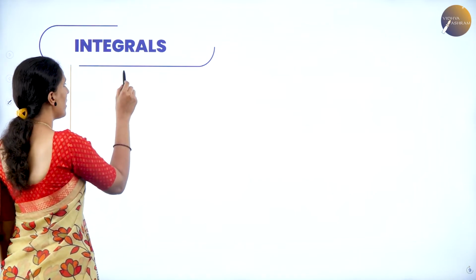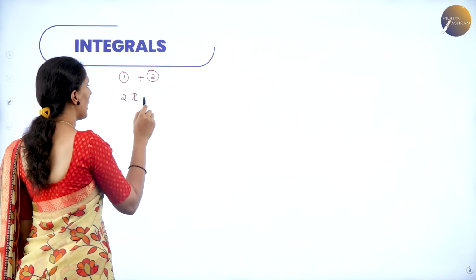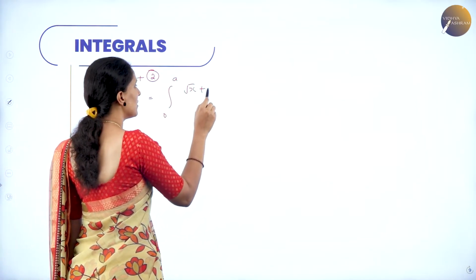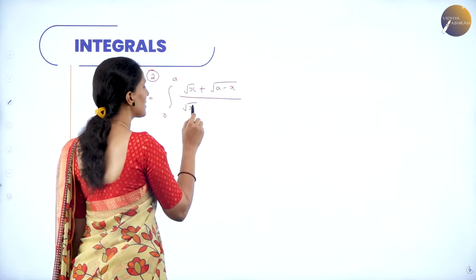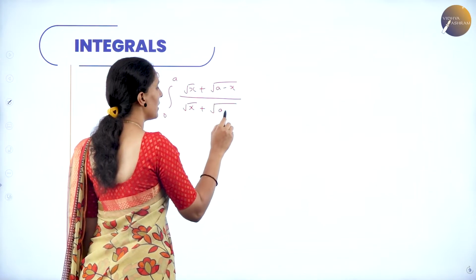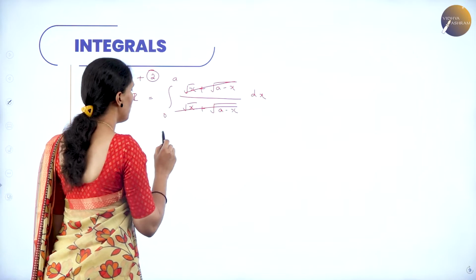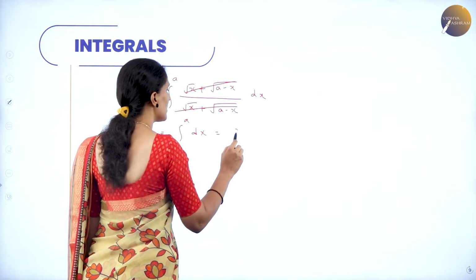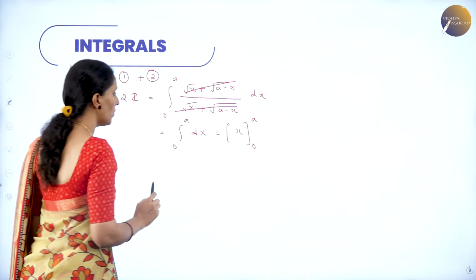So adding 1 and 2, we get 2 times I equals the integral from 0 to a of root x plus root a minus x divided by root x plus root a minus x dx. So we can cancel. We will get the integral from 0 to a of dx, which is x, applied from 0 to a.